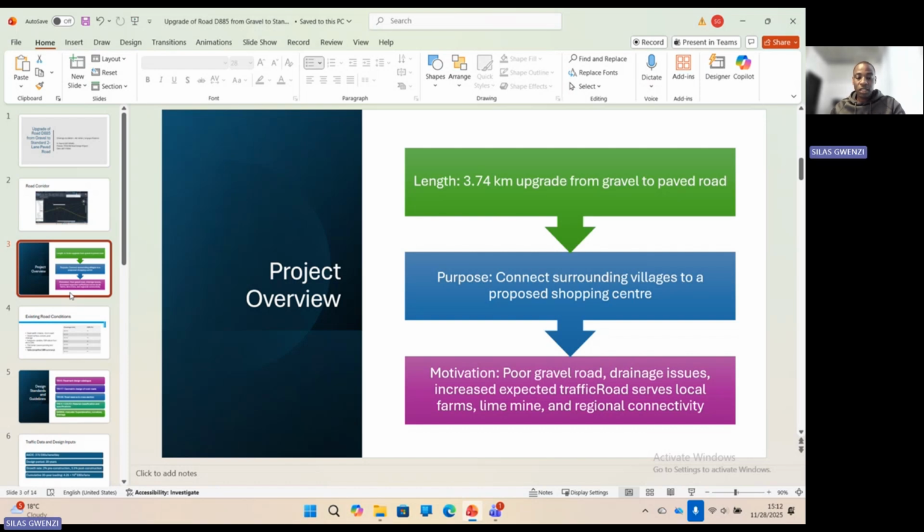The motivation for this upgrade comes from the poor existing road conditions, frequent drainage issues, and the need to support regional connectivity. The upgraded road will also serve the local commercial farms, such as a lime mine and over 20 surrounding townships, improving both economic and social outcomes.